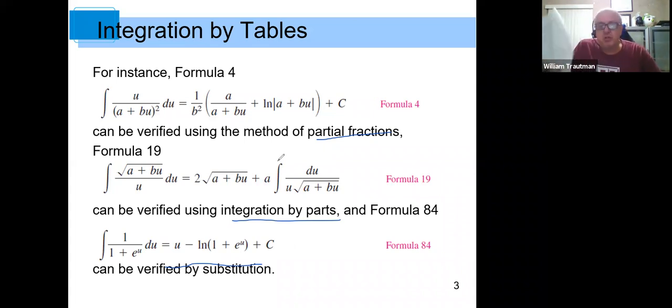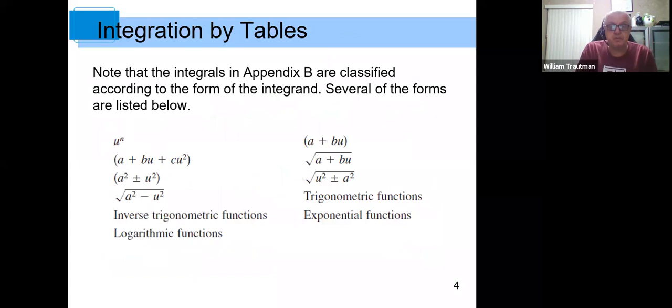So once we get into the homework, you have to be able to figure out which formula it closely matches. And hopefully this gives you a couple of clues on what you're supposed to be doing. Here are some integrals and their classification.